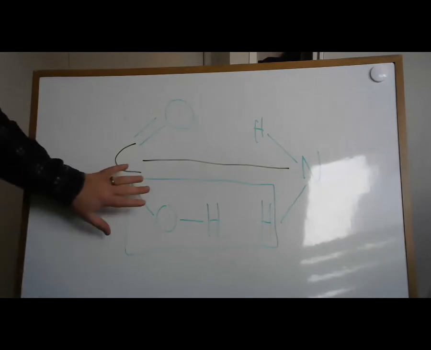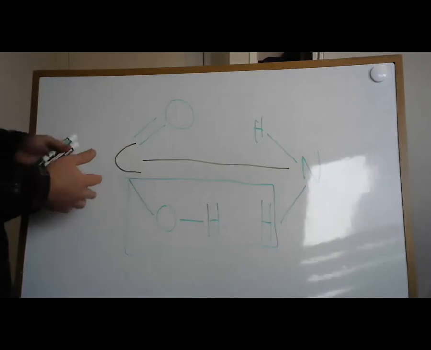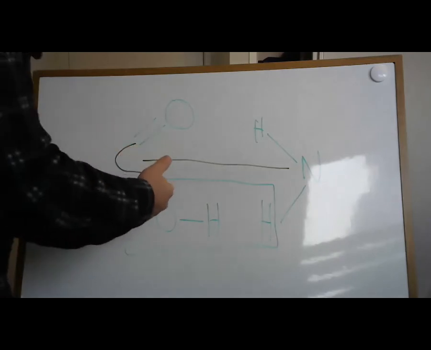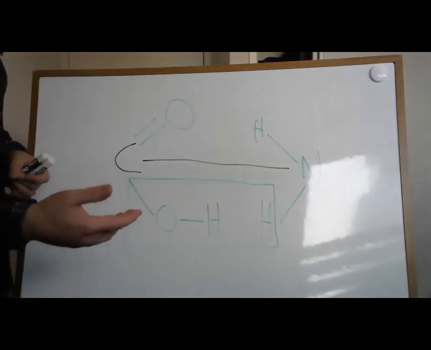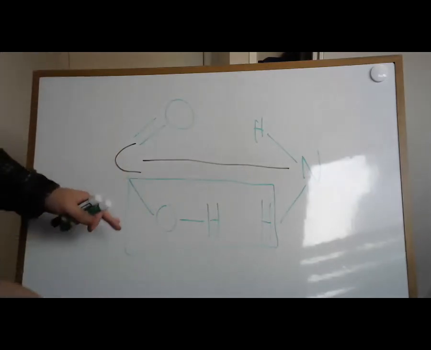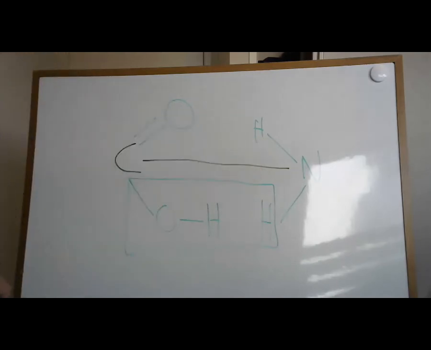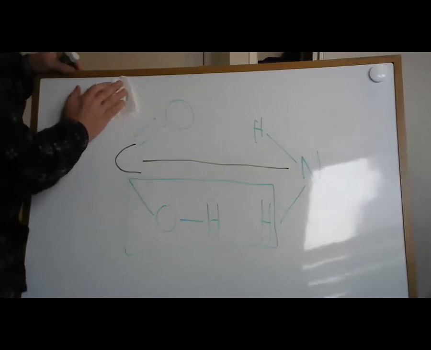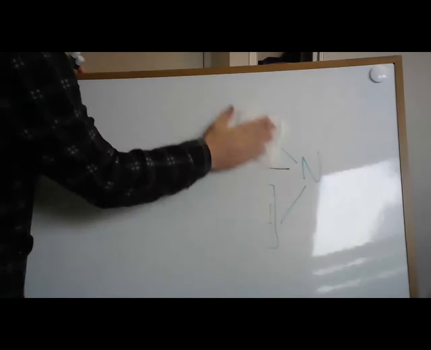So the OH group on the end of the carboxylic acid, or the C terminus, C side of the amino acid, reacts with the hydrogen on the other side of the next amino acid. Water is released, and then we get a carbon to nitrogen bond. That's a condensation reaction, specifically with regards to the amino acids.